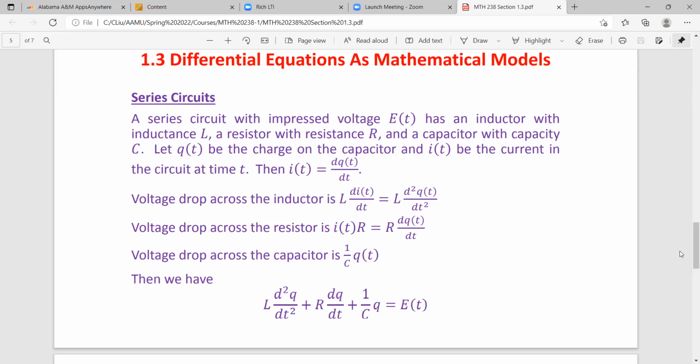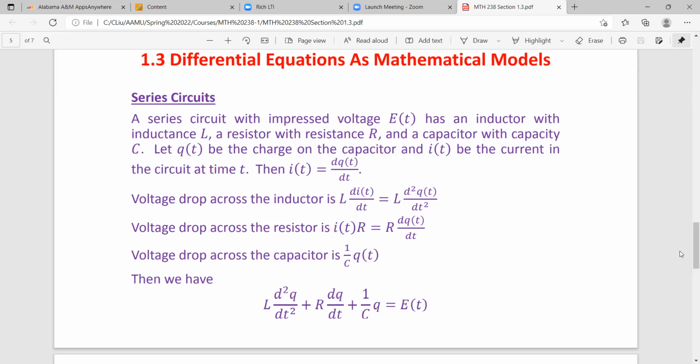So it has an inductor with inductance L, a resistor with a resistance R and a capacitor with capacity C. Okay. So it has three things.